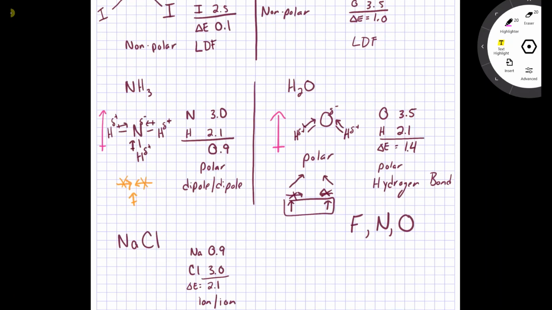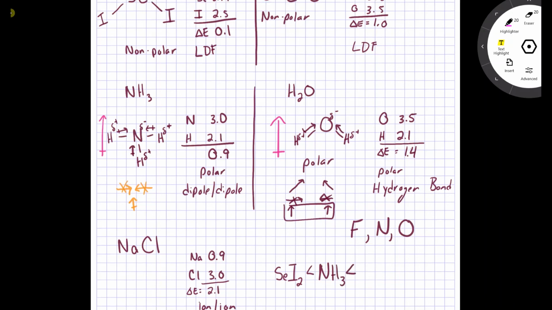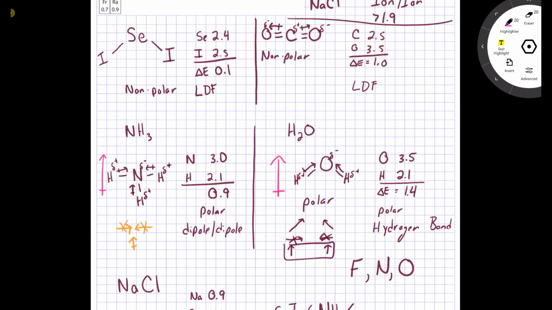So if I want to rank this from lowest to highest intermolecular force, my selenium iodide is going to be the lowest because it's 0.1. Next is going to be my NH3 because it's 0.9.